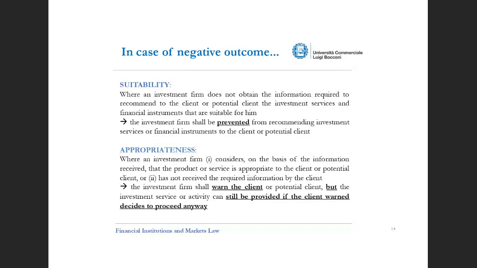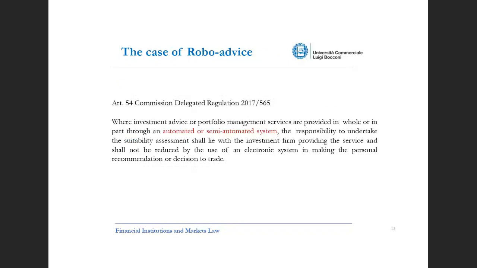Now there has been developing quite a lot of discussion in the context of the fintech phenomenon of having investment and financial services being provided through technological platforms, and in particular for investment services provided through internet and similar technological supports.